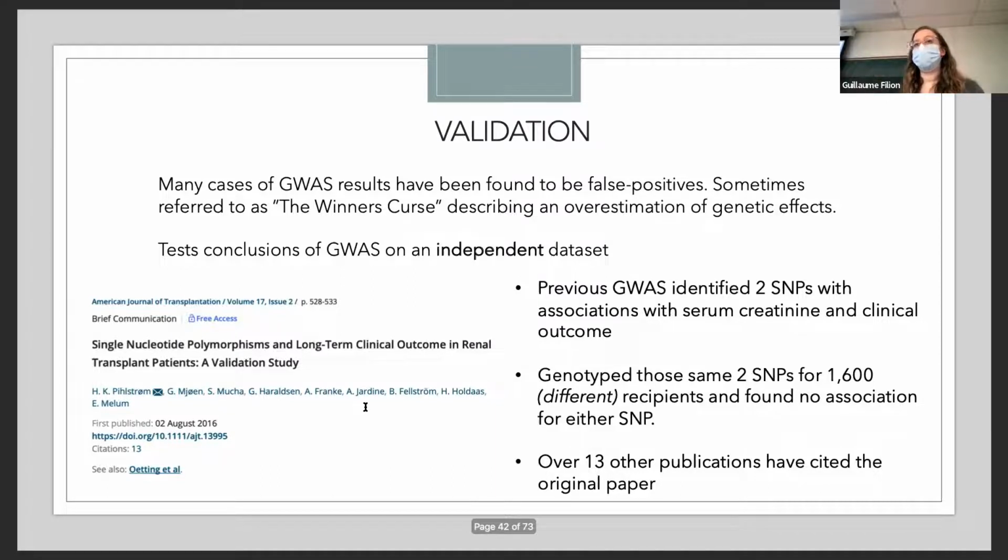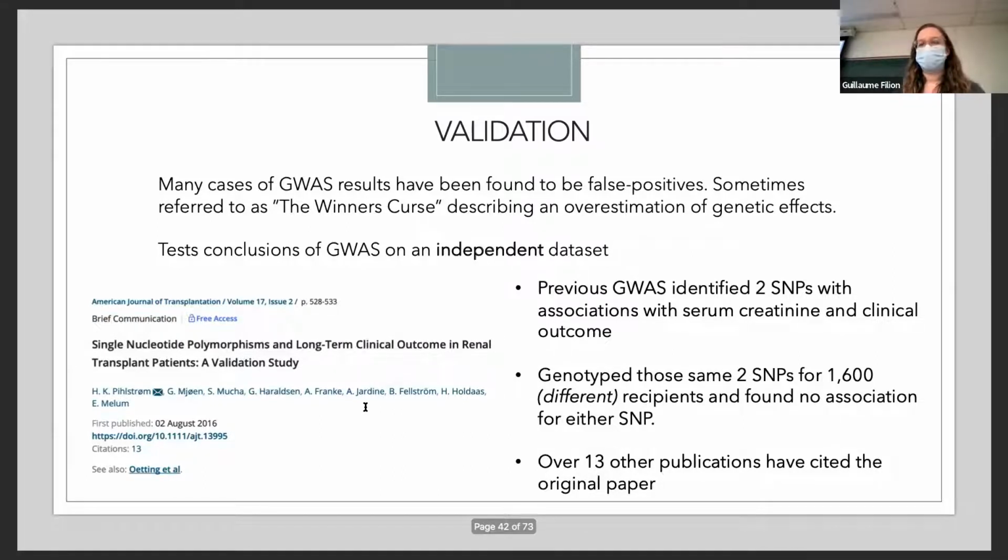So validation on a different population is a great validation. And if you don't see it significant, maybe it is based on the population and not necessarily that it's a false positive. Did that answer your question? Okay.